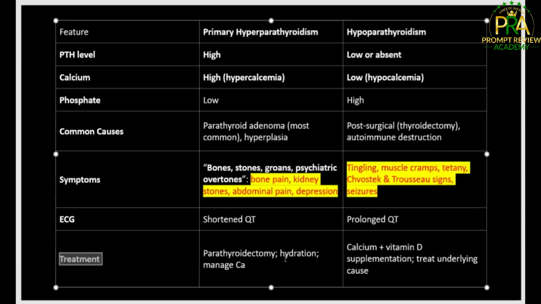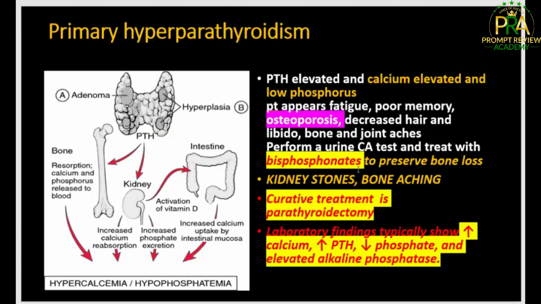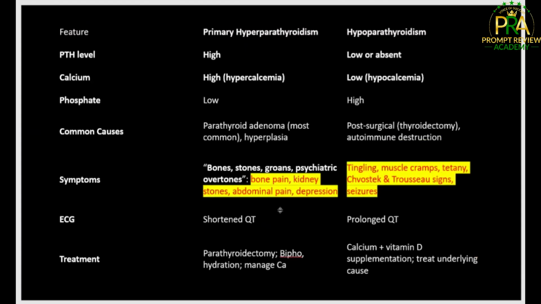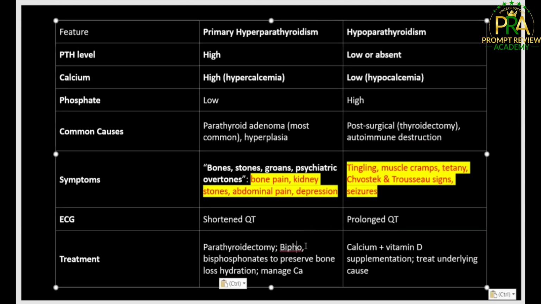Then the treatment is parathyroidectomy, which is surgery, or they can also do bisphosphonate, which we covered here, to preserve bone loss.